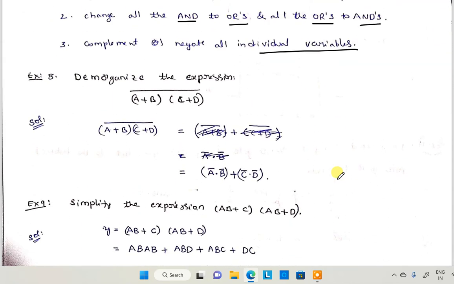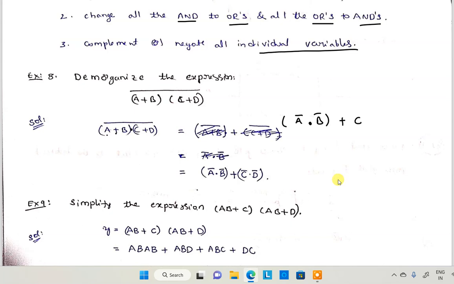I will explain a few examples related to the De Morgan's theorem. So for example, A plus B into C plus D whole bar, that can be converted as follows. Plus is there, can be dotted here, A bar, here B bar. Clear? Next, here dot is there, right, that may be converted into plus.